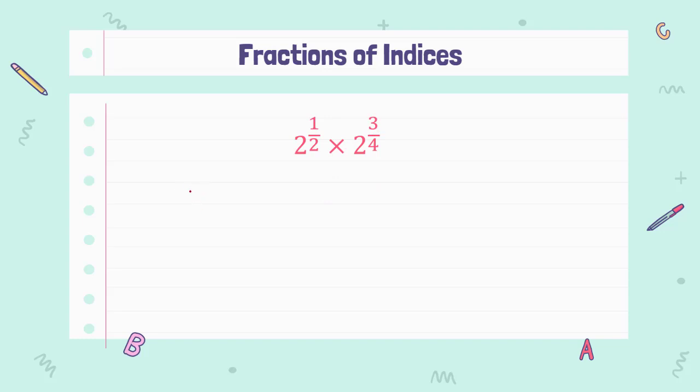Well, to solve it, you already know about the formula of multiplication, right? Because they have the same base, you just need to put 2 right here and you add the powers: 1.5 plus 3/4 is equal to 2 with the 5/4 power.